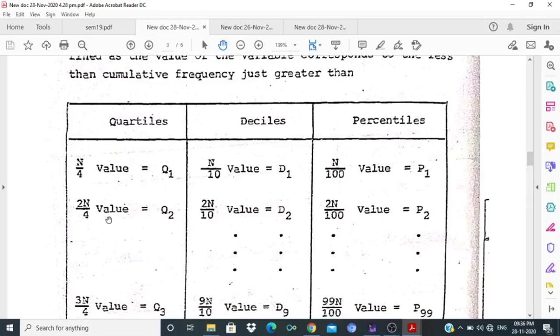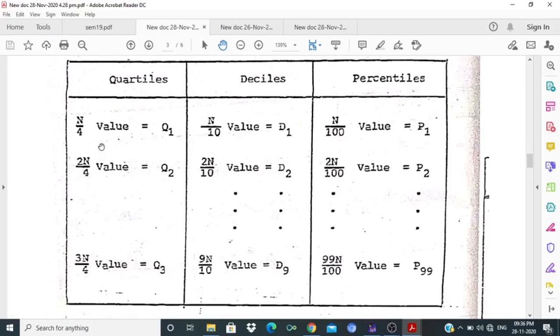In case of the second quartile, it is just greater than the 2n by 4th term value in cumulative frequency. First we calculate the total sum of all values, that is n, then n by 4, and the value corresponding to the cumulative frequency just greater than the n by 4th term value gives us the first quartile. Similarly for the deciles also.